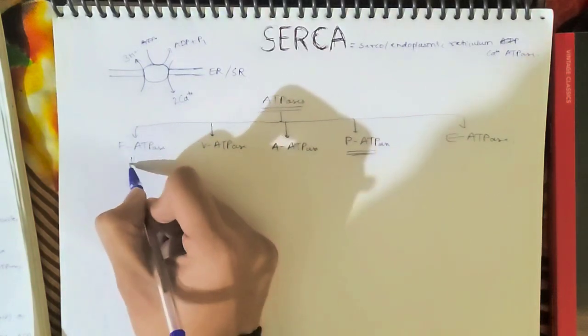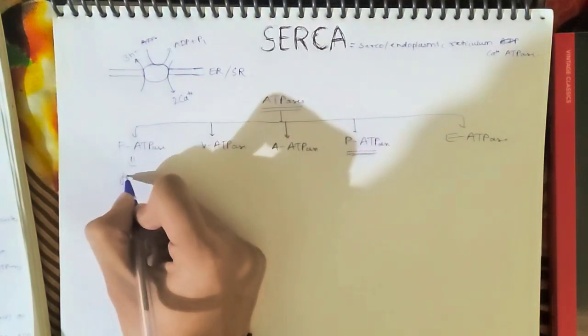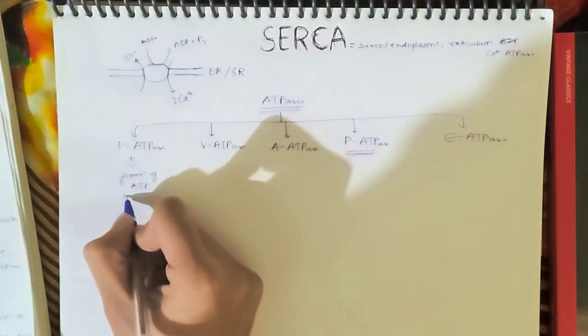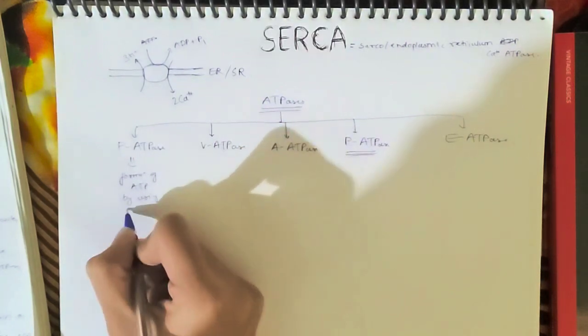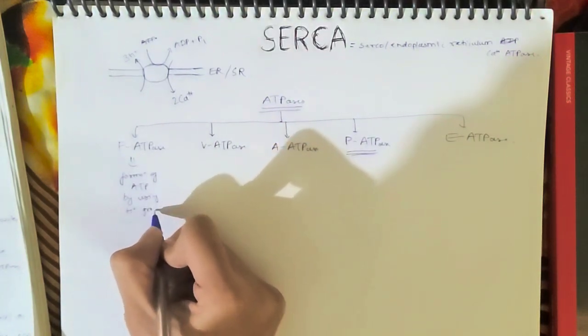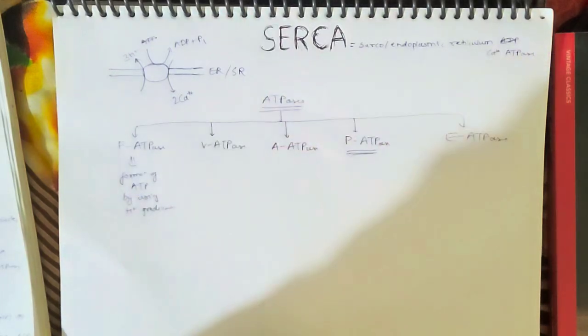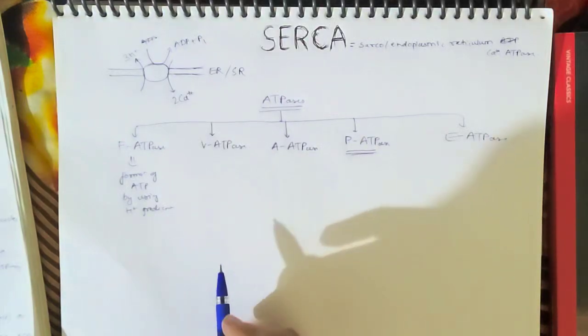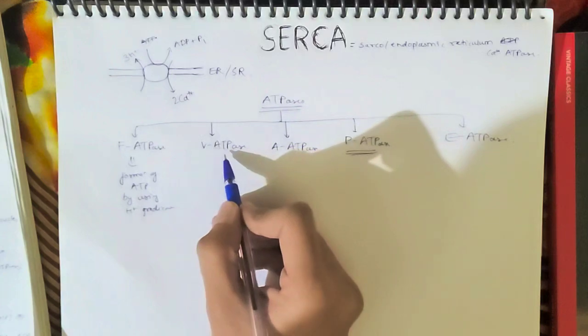F-ATPases are used for formation of ATP by using proton gradient. These are present in mitochondria, on the cristae, and we all know about them, they are also known as oxysomes. Now let's discuss V-ATPase.